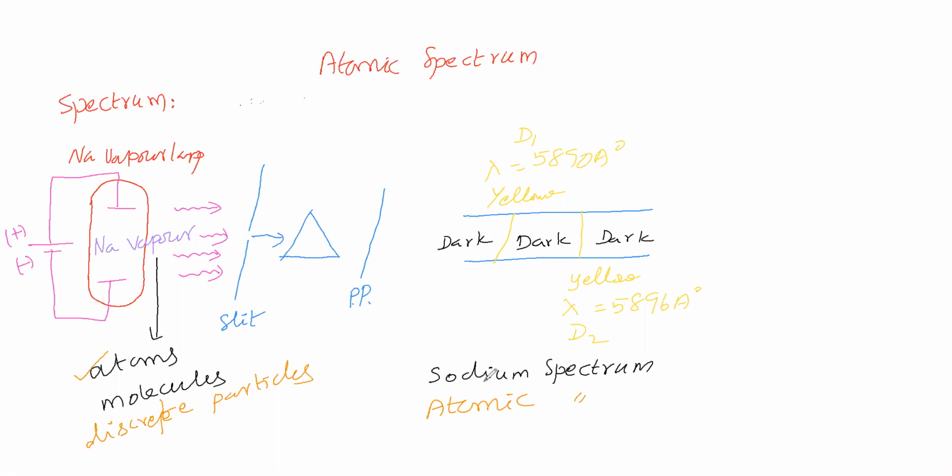In this atomic spectrum, at this wavelength, the yellow color is there. This yellow color is present at a particular wavelength.